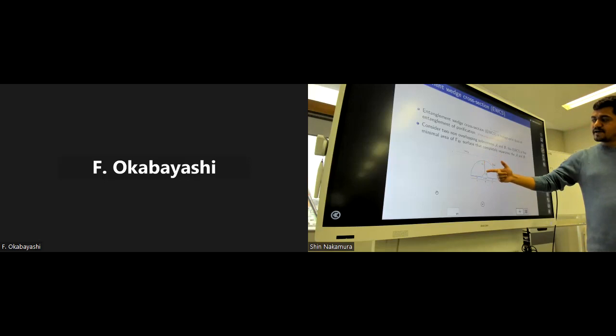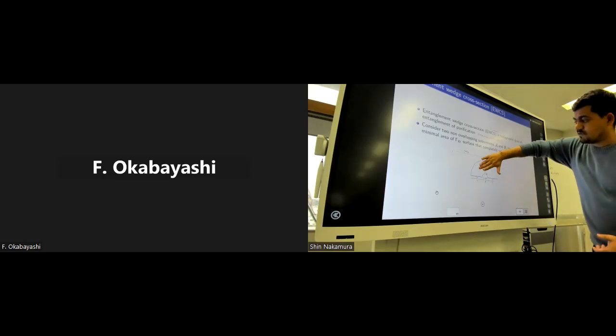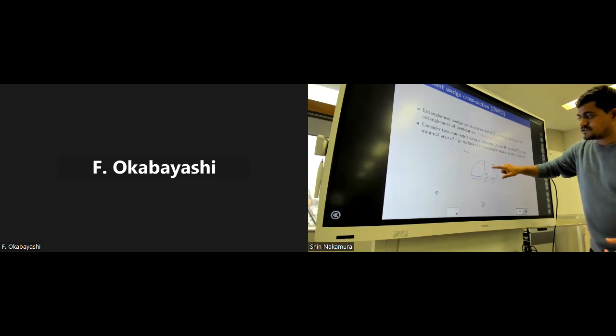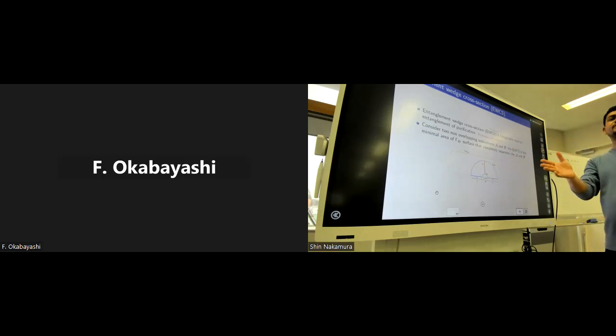So there is a particular surface defined, which actually divides this region. This region inside these two surfaces is called the entanglement wedge, and it is the minimal surface which divides this entanglement wedge in two separate parts corresponding to A and B.